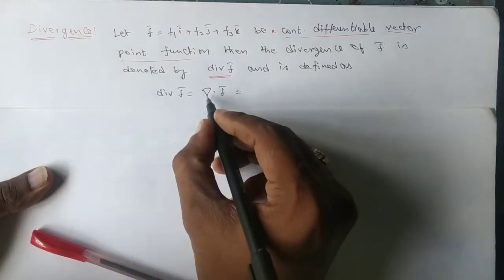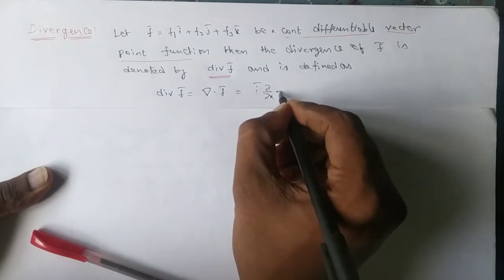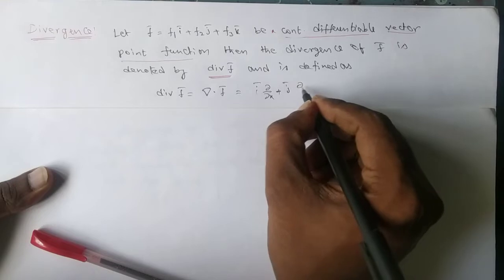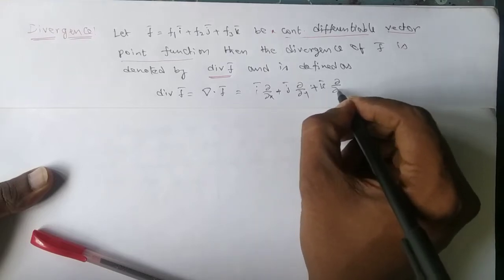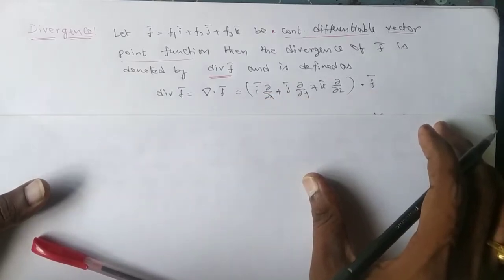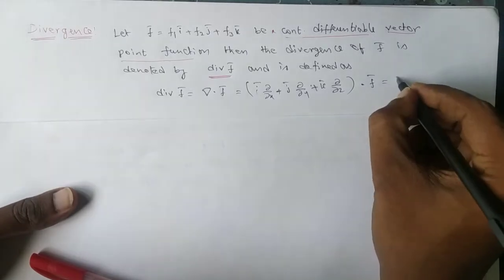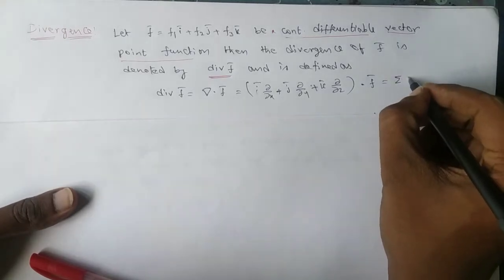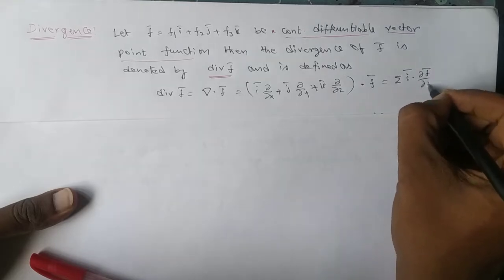And we know what the del operator is. The del operator is i bar dou by dou x plus j bar dou by dou y plus k bar dou by dou z, dot this f bar. So you may write this in different manners, that is, sigma i bar dot dou f bar by dou x.